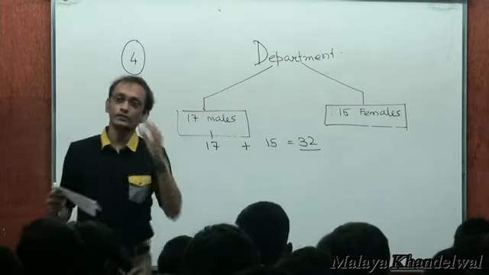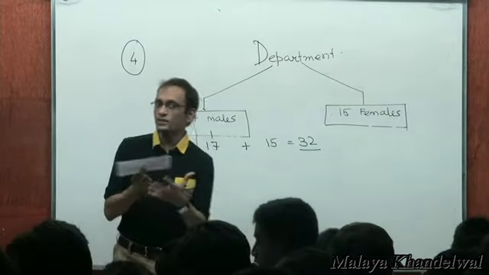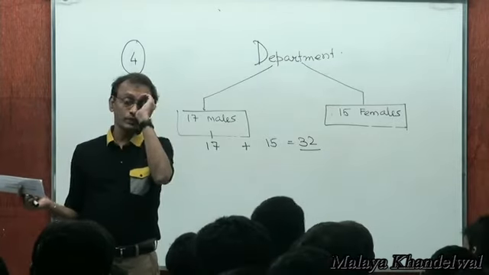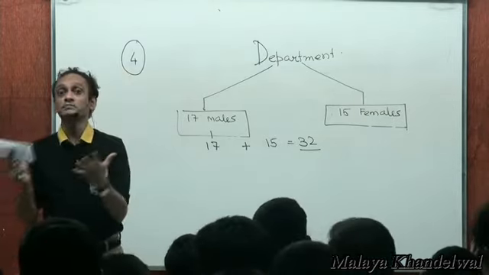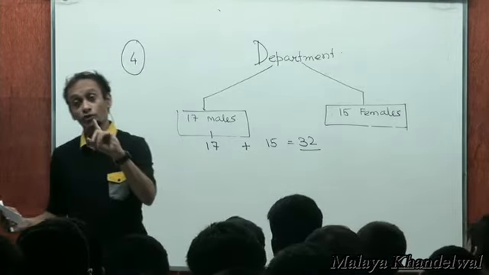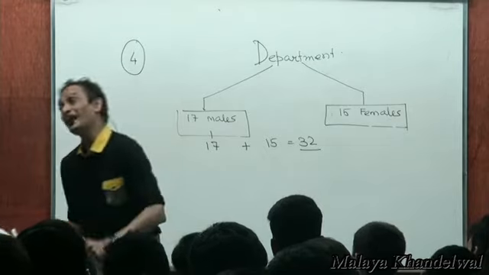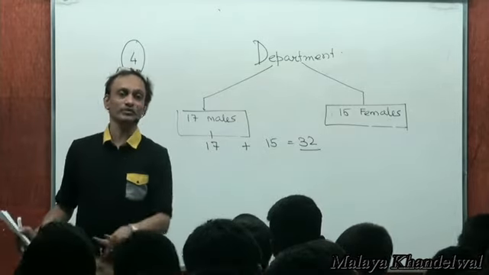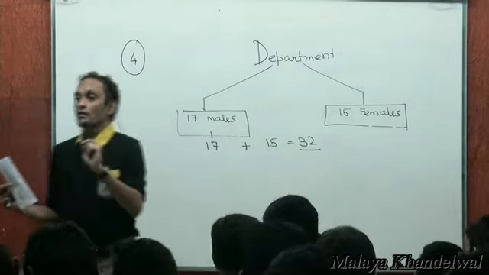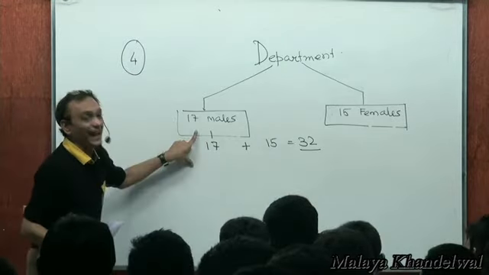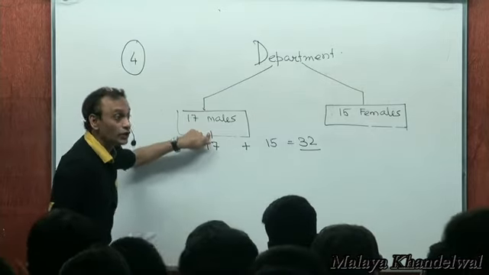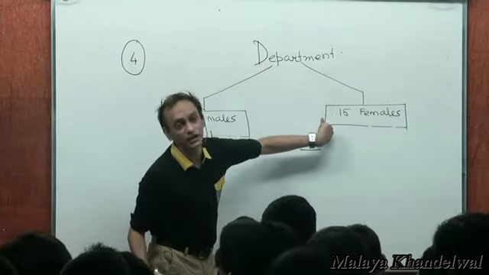Now, to keep a balance, they decide that the AGM must maintain sex ratios. So they say, all right, we need from every department a male and a female, so that there is equal responsibility. So one person to be selected from here and one person from there.